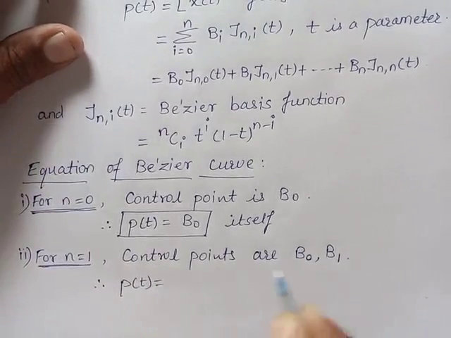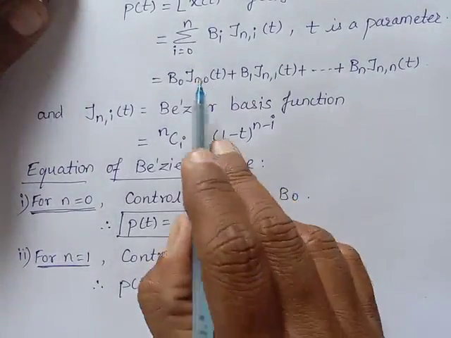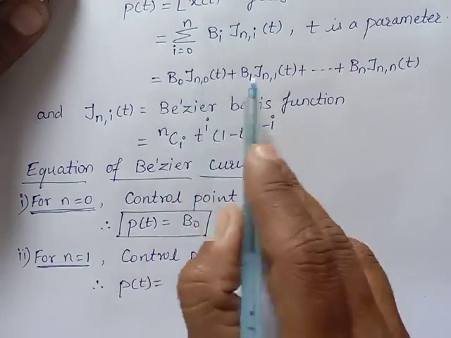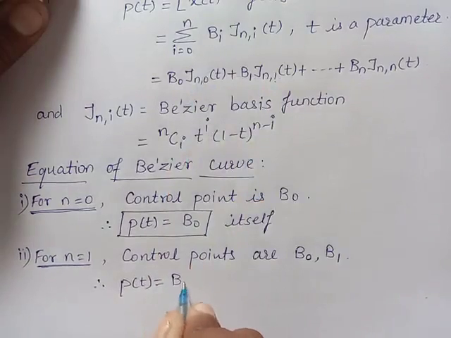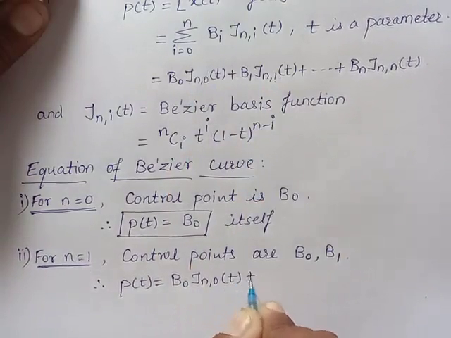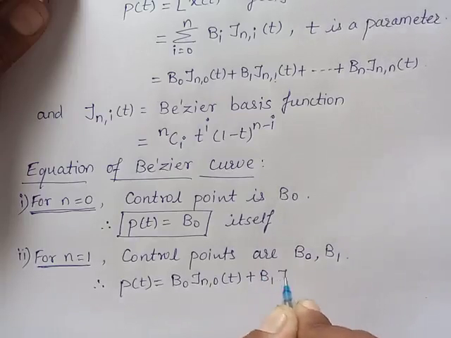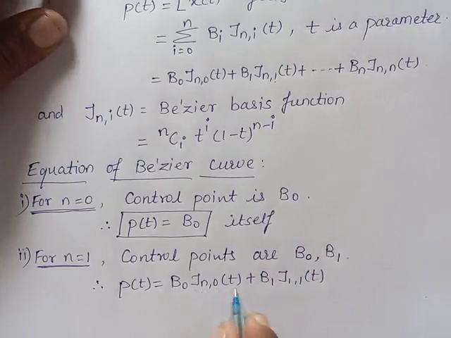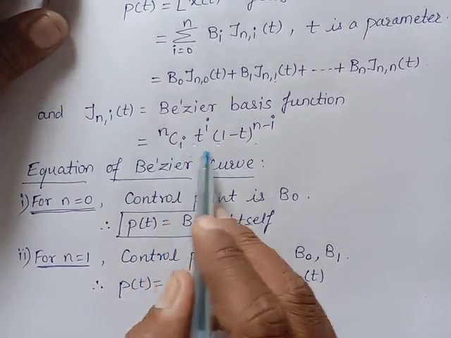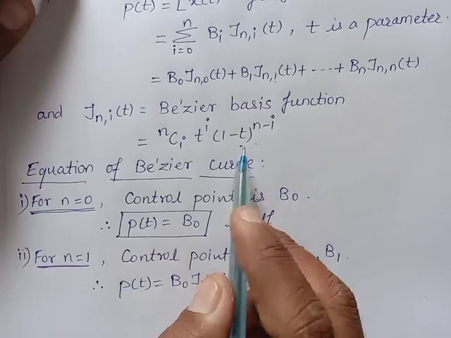If B0 and B1 are the control points, then these two terms occur in Bezier's equation. So P of t will be B0 J1,0 of t plus B1 J1,1 of t, right? And these values we can easily determine from this definition of Bezier's basis function.